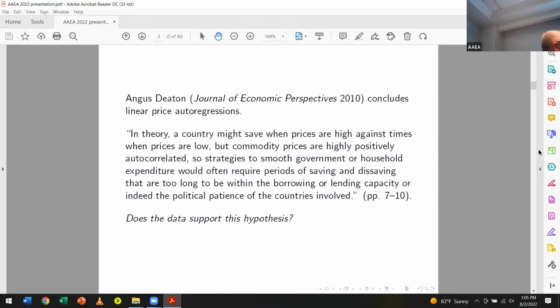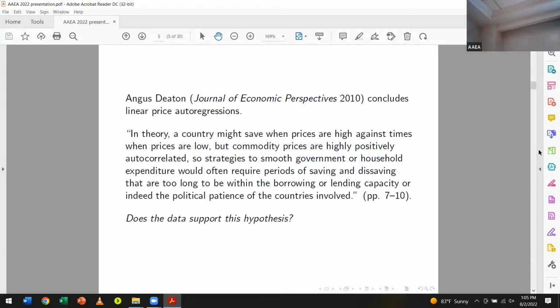Now there is another observation which is a common thought in this literature on commodity prices. And this observation is nicely written in this quote by Angus Deaton in the Journal of Economic Perspectives.